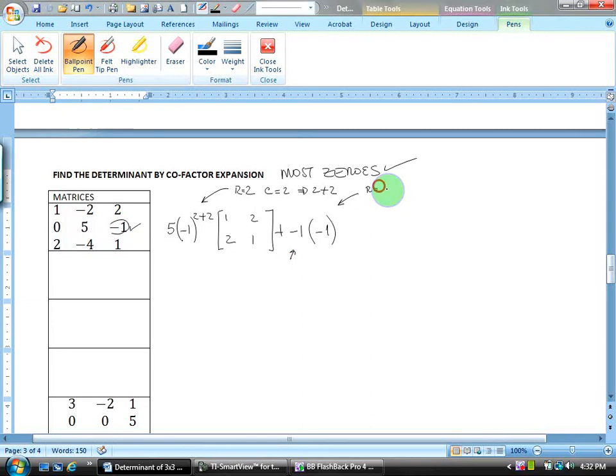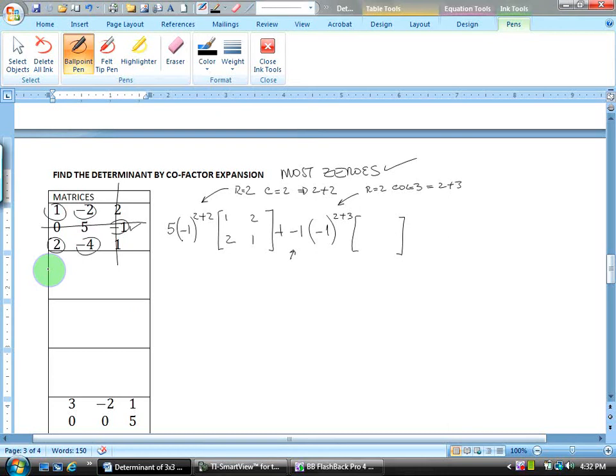So the power is 2 plus 3. The submatrix now, we put a line over the row and a line over the column where that minus 1 is. Who is left? Left are 1, minus 2, 2, minus 1.